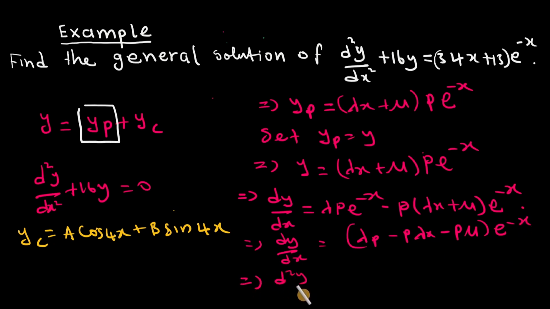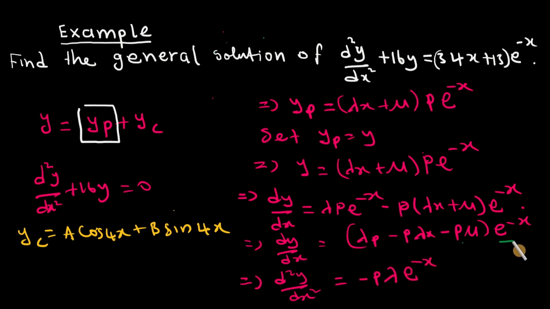That is, d squared y/dx squared will be the same as the differential of this with respect to x times e to the minus x. To differentiate this, I need to differentiate term by term. I know when I differentiate lambda p, I'll have 0 since it's a constant. I differentiate p lambda x, I'll have p lambda. And when I differentiate minus p mu, I'll have 0. So 0 minus p lambda minus 0 is negative p lambda times e to the minus x.